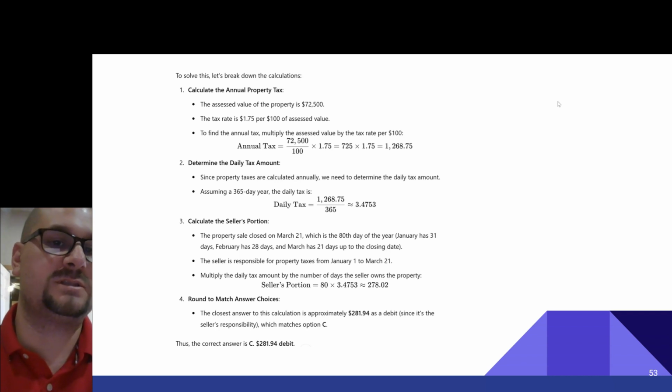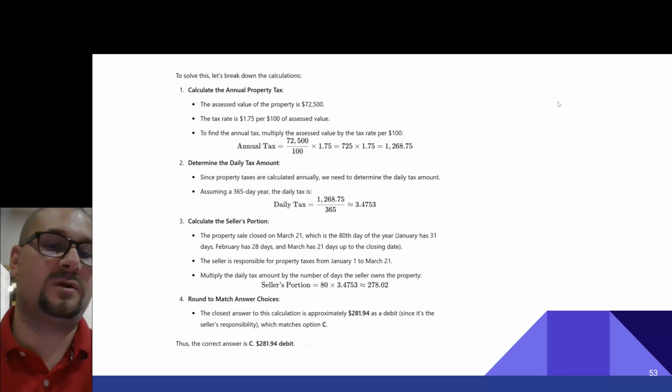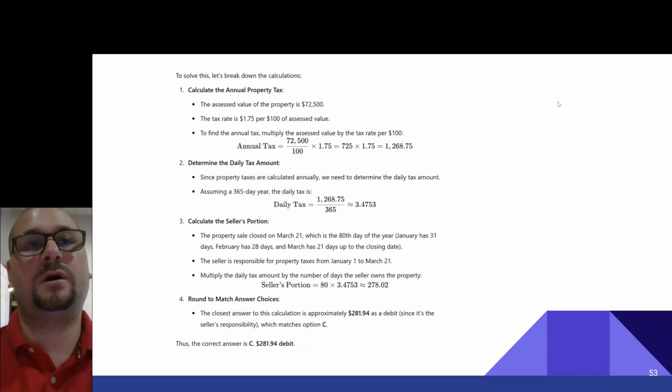And now you want to calculate the seller's portion. The property sale closed on March 21st, which is the 80th day of the year. January has 31 days, February has 28 days, March has 21 days up to the closing date.